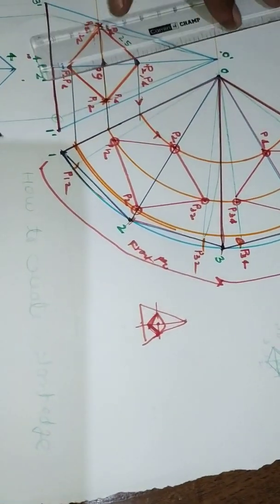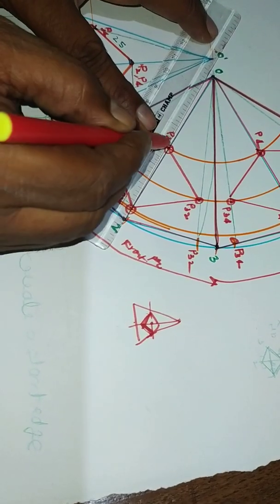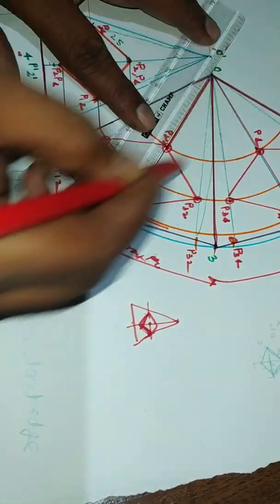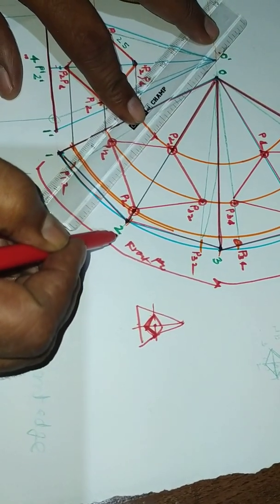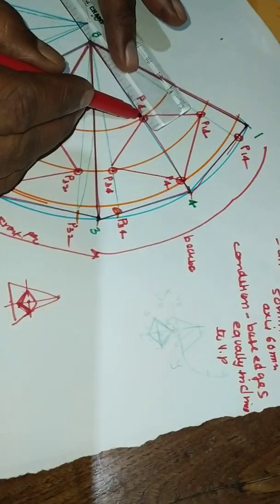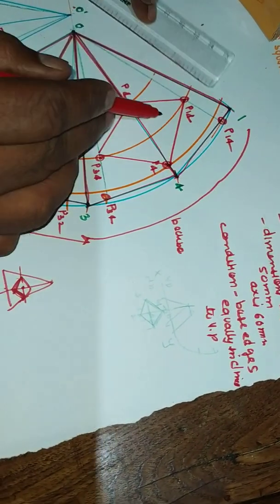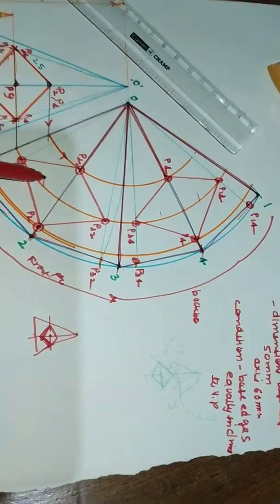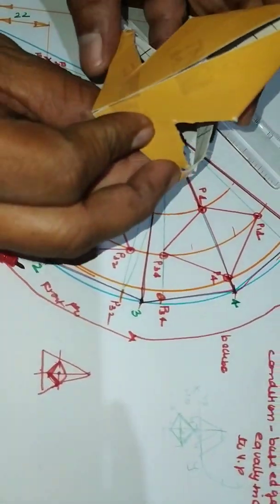O2 and O4. This portion is cut, so I will darken only from O to P2 and from P2 to 2. This is O to P4 and P4 to 4. This part should be faint, as there is no material.